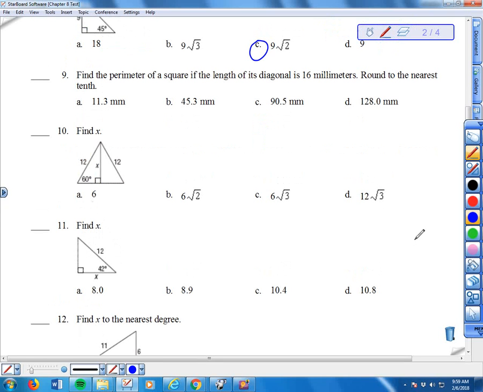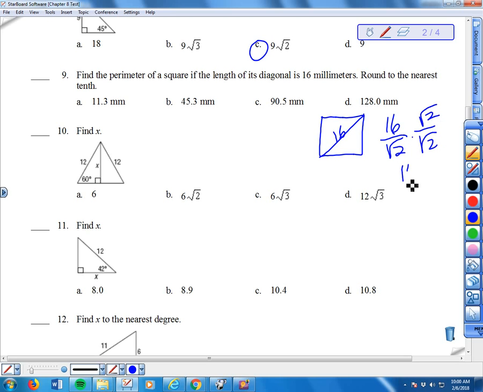If I want to find the perimeter of a square where the diagonal is 16, well, the diagonal cuts a square into 45, 45, 90. I have the hypotenuse, so to get from the hypotenuse to the leg, I divide by the square root of 2 and then rationalize.